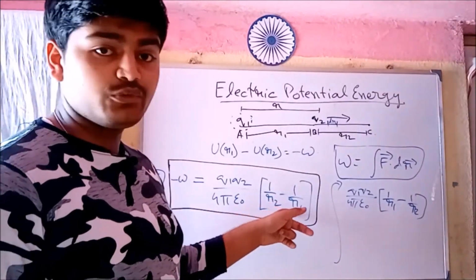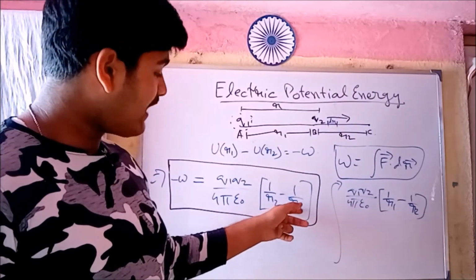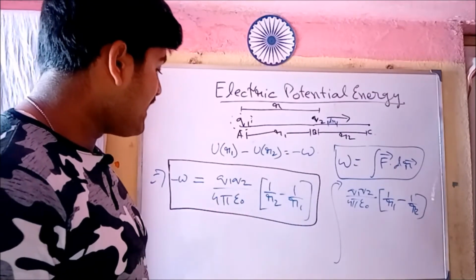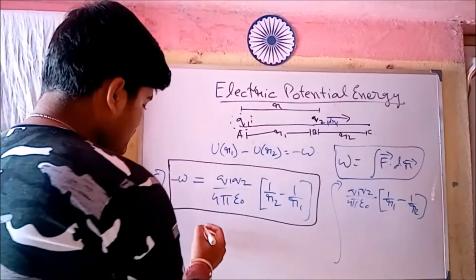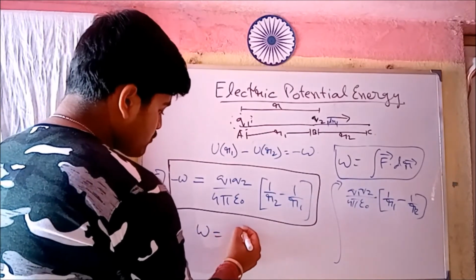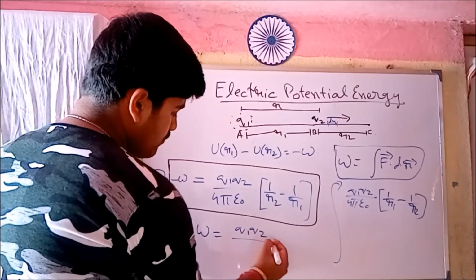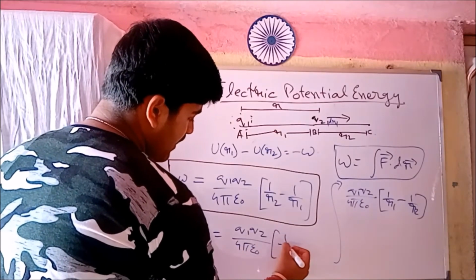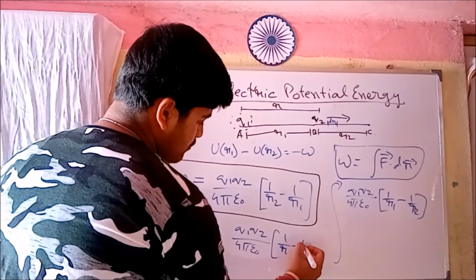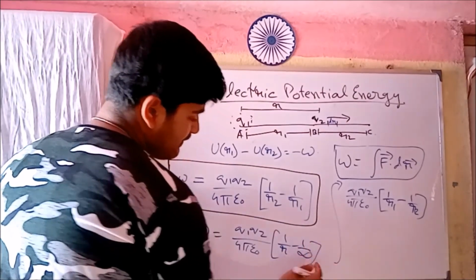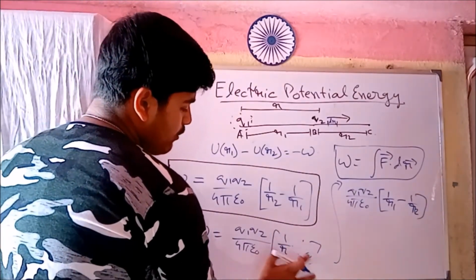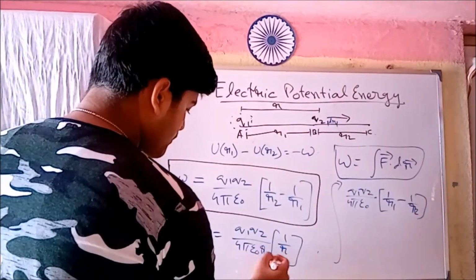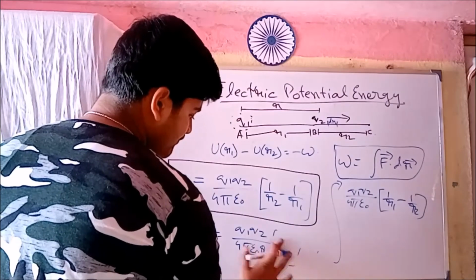So if we consider the initial position of the body to be infinity and the final position of the body to be r, then we get the net work done W equal to Q1 Q2 by 4 pi epsilon naught into 1 by r minus 1 by infinity, and this is 0, so it will be only 1 by r.